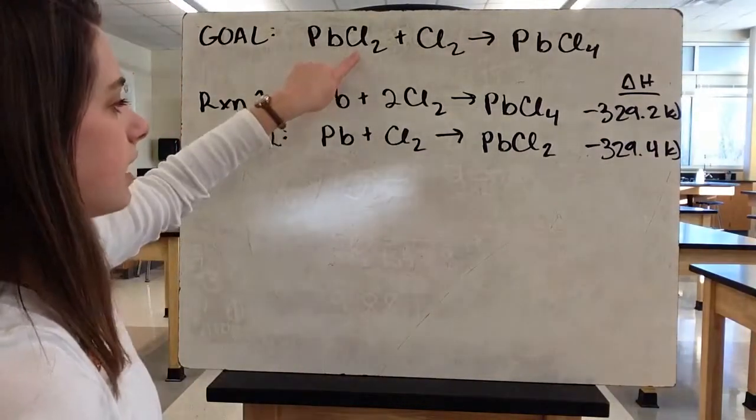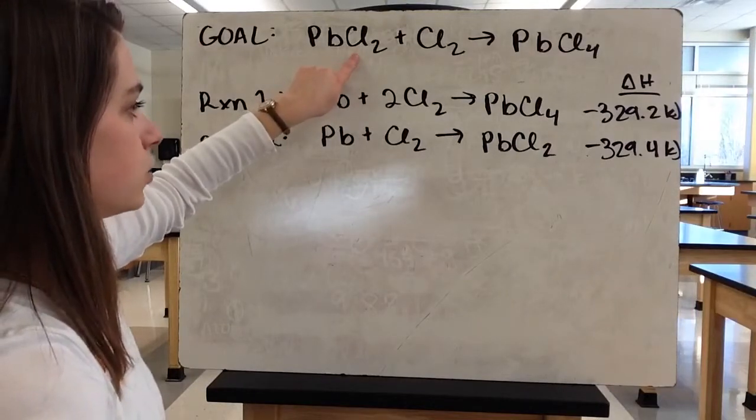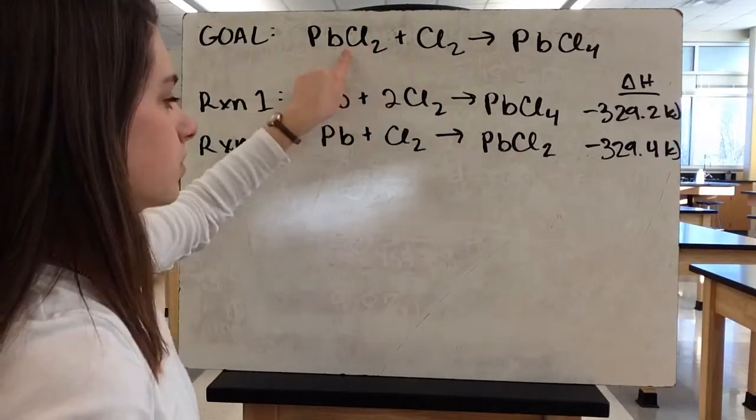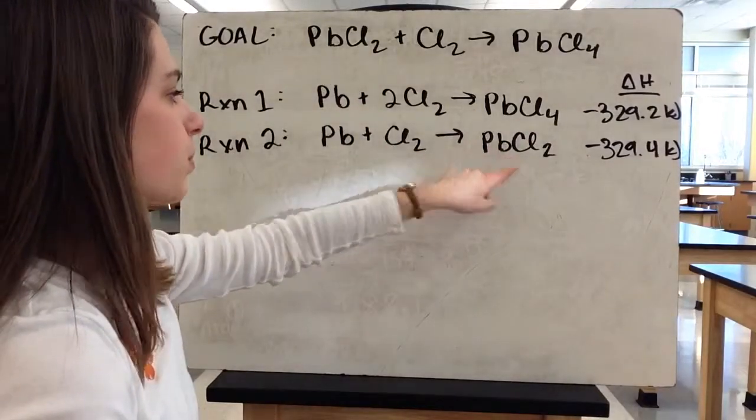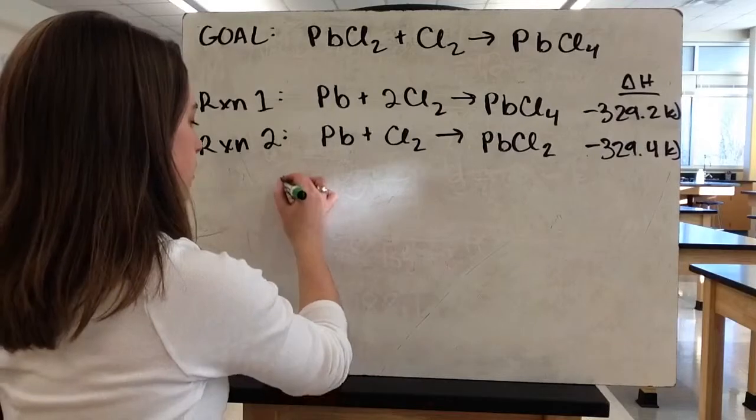So I noticed that in this reaction, I need lead 2 chloride as a reactant. Now lead 2 chloride shows up in my second reaction, but it's as a product. So I'm going to flip it and make it go the other way.